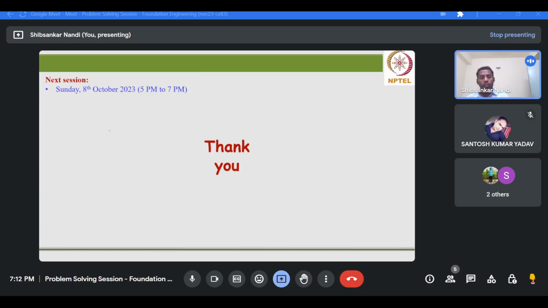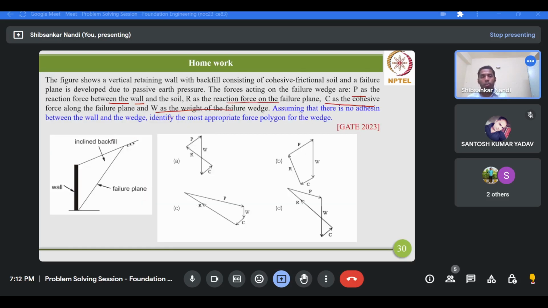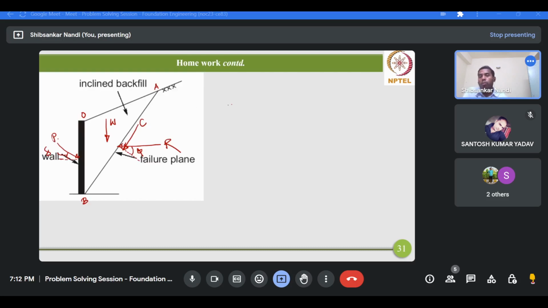Now if this statement is not there, suppose there is no adhesion between the wall and the wedge, it's not mentioned in the problem, then there will be one more force. What is that force? Adhesive force, and again this will be in the upward direction. So along the wall face also you will have some adhesion, and for that you will have this adhesive force which acts in the upward direction due to the movement of the wedge in the downward direction.